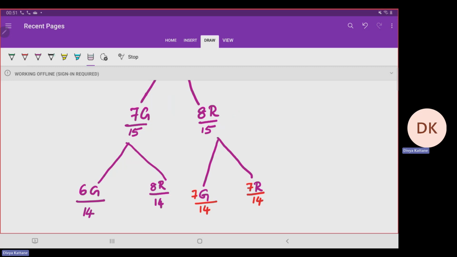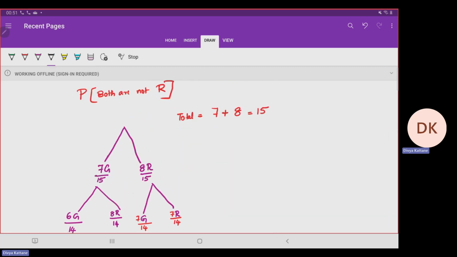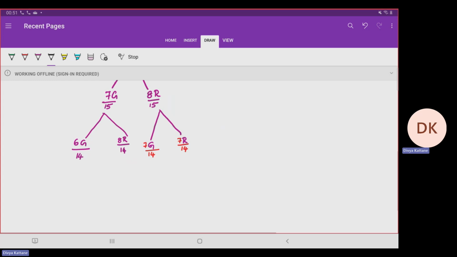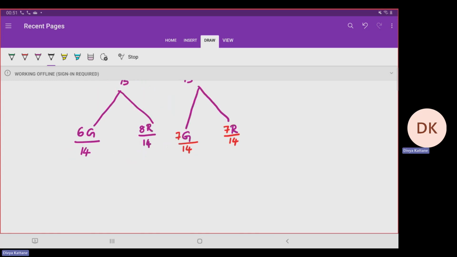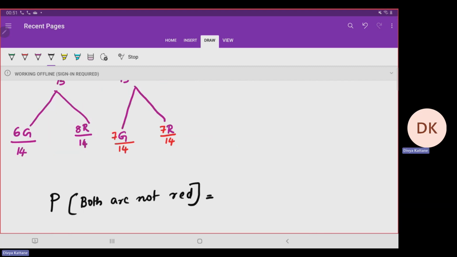Now, what is our question? We need the probability that both are not red. So the probability that both are not red, you can take the complement result.